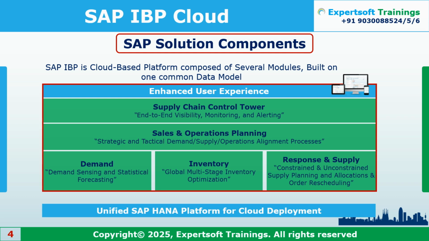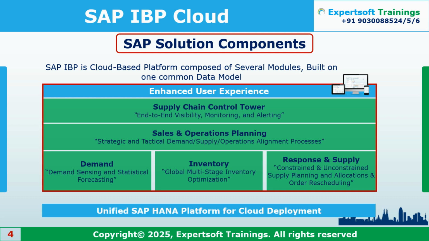It will take input from the marketing team, the sales team, and the finance team. Based upon that, it will finalize your demand. When you are getting the license for S&OP, it has the basic functionalities of demand and basic functionalities of supply.